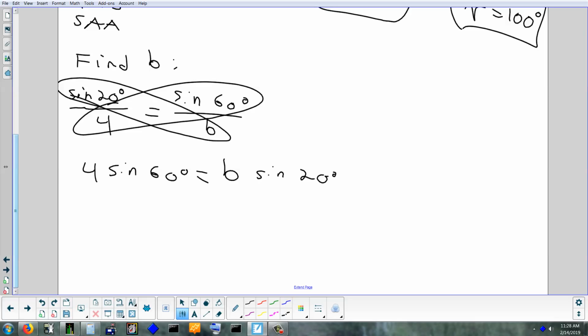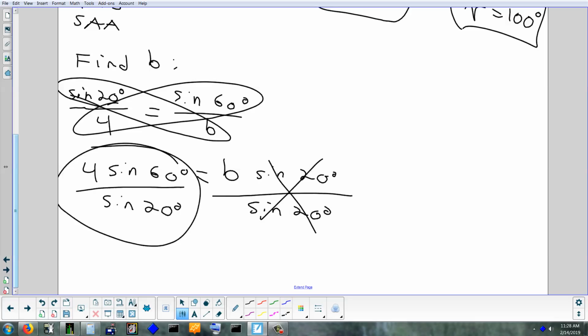What would be my last step? Yeah, divide by the sine of 20. Notice I haven't figured out what the sine of 20 is, and I'll never know exactly what the sine of 20 is in this problem. What I am going to figure out is all of this at the same time: 4 sine 60 divided by sine 20. And that's the answer for B.